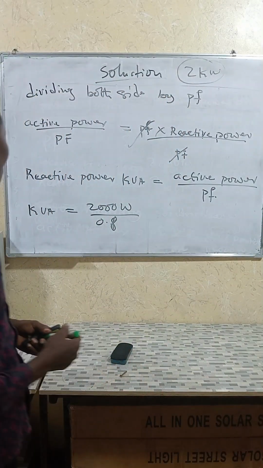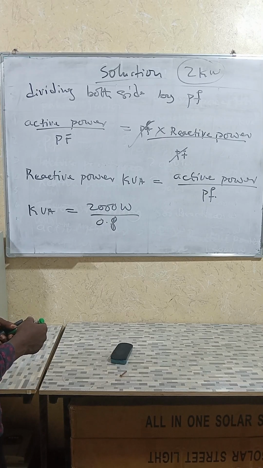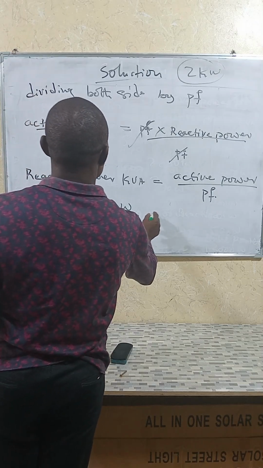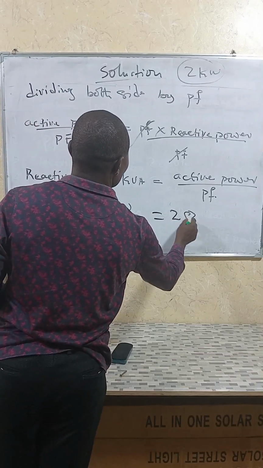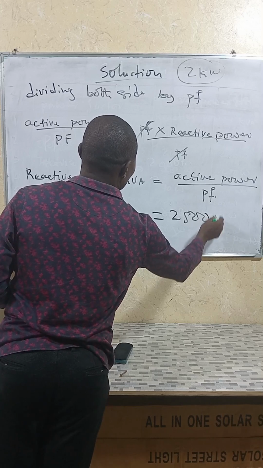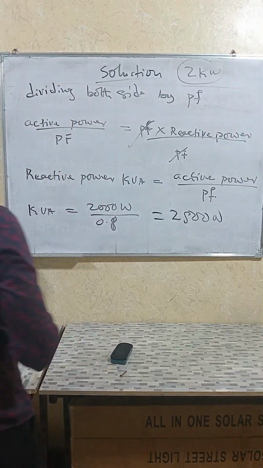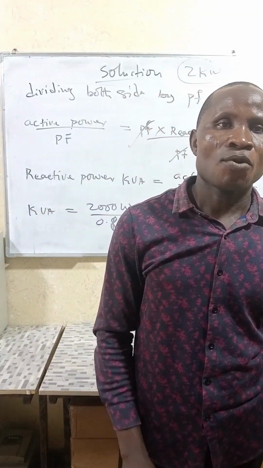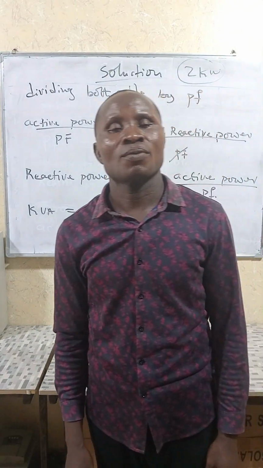So by the time you divide this 2000 by 0.8, it gives you 2500 watts. So do you see how simple it is?